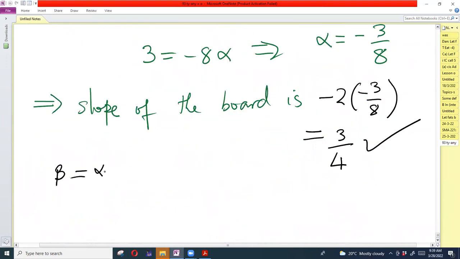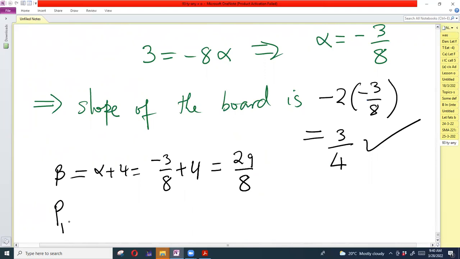So the same as alpha, which is minus 3/8 plus 4. When you work out minus 3/8 plus 4, then you get 29/8. So you can always get the coordinates of P1.